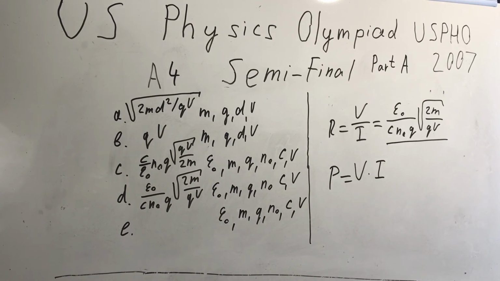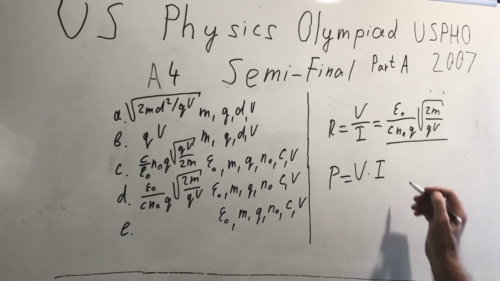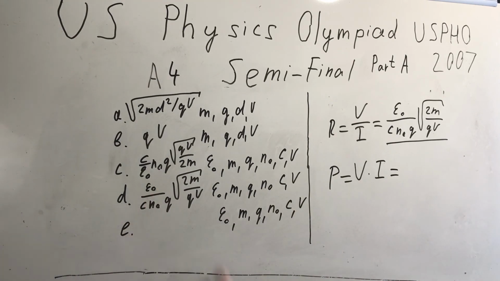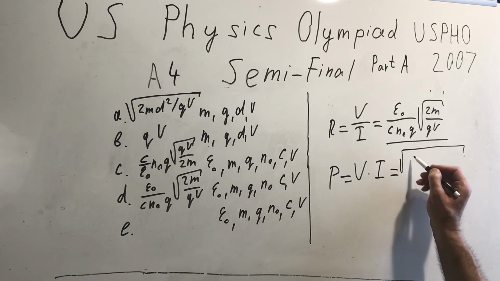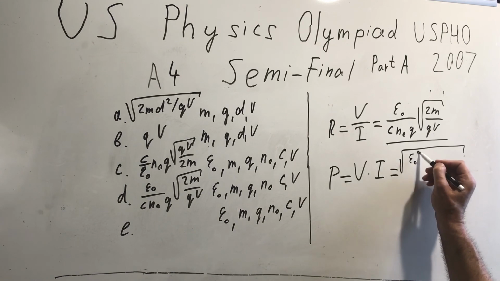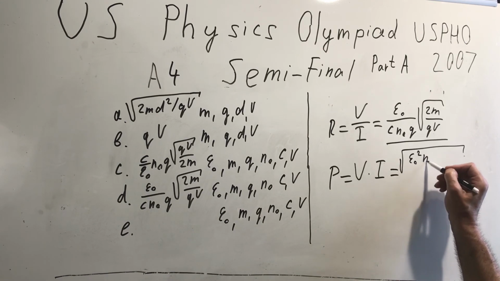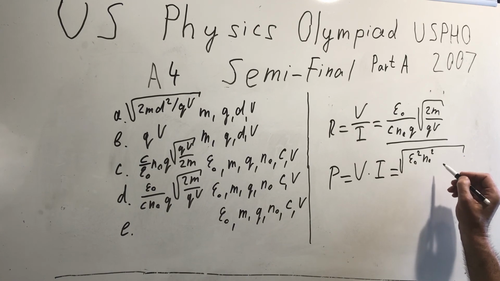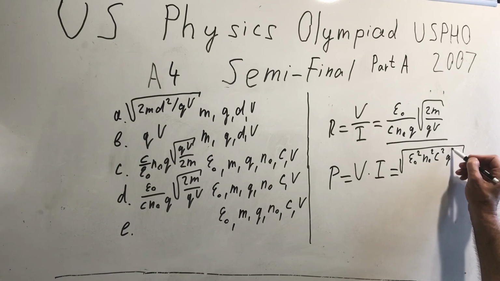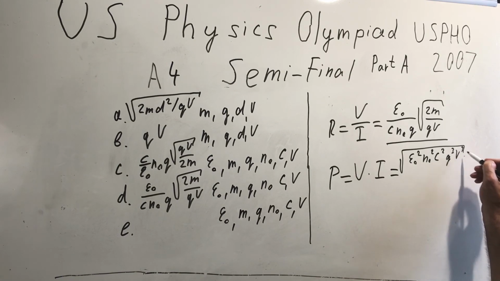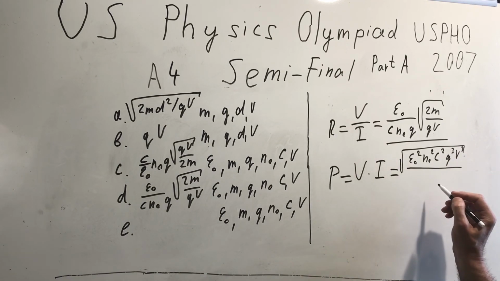We already calculated the voltage and the current, and finally using this formula we have the answer: root of epsilon 0 squared n0 squared C squared q cubed V cubed over 2m.